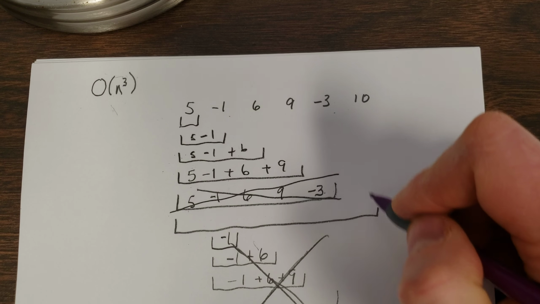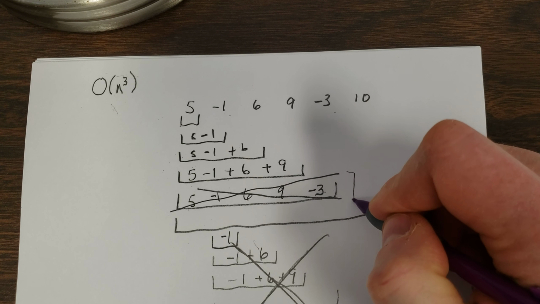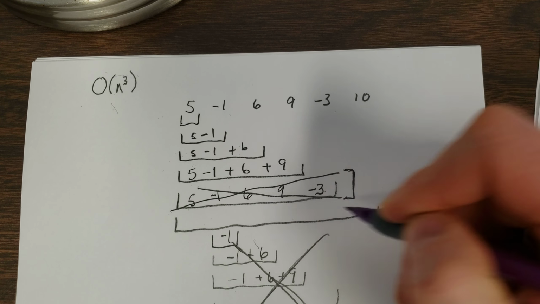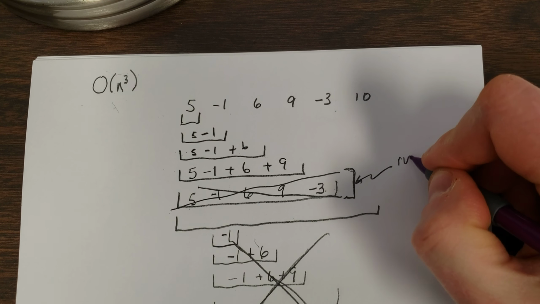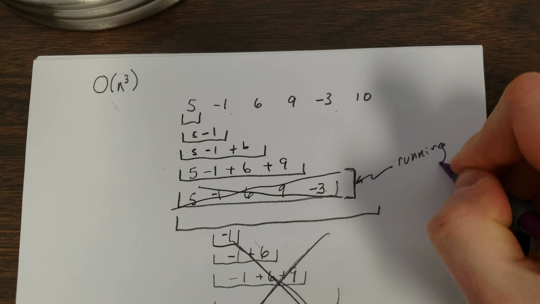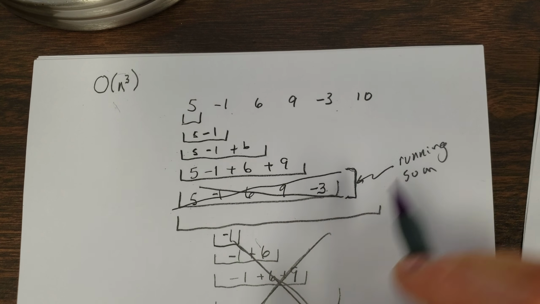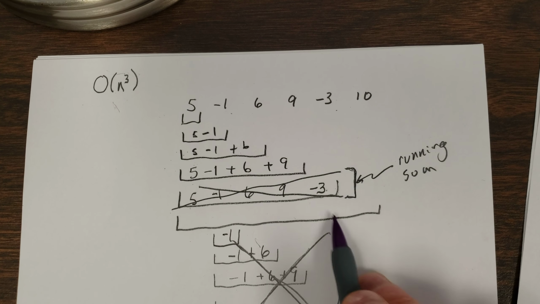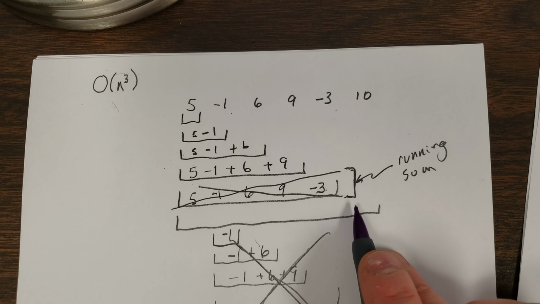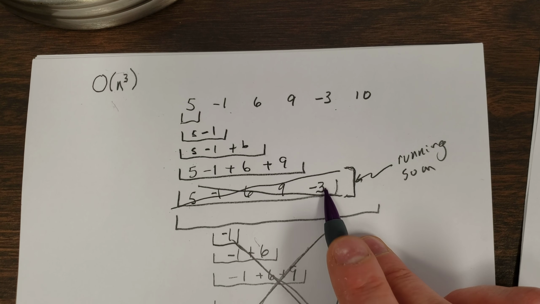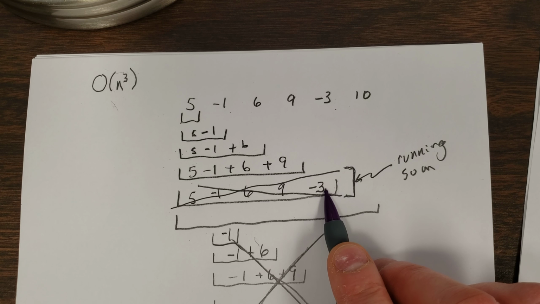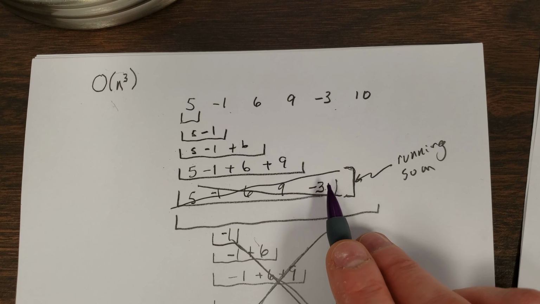So in this case, for the n squared, you can't kick this one out, because you're going to need the running sum for your next iteration. So you won't be able to save anything by looking at the end numbers, because you're going to need that.